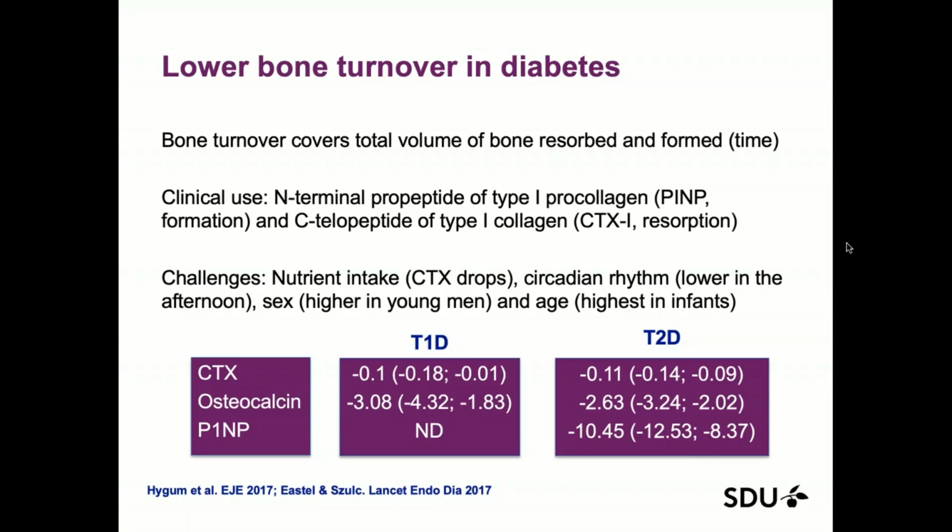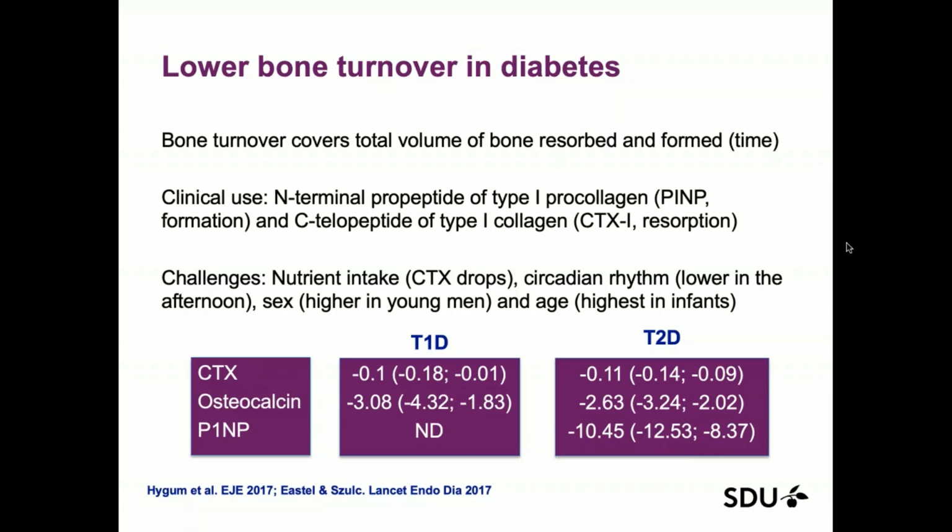In diabetics, there have been a lot of studies of the turnover markers, and these have been compiled in the study by Hygum in the European Journal of Endocrinology just a few years ago, where they show that CTX is decreased in both type 1 and type 2 diabetes, reflecting lower bone resorption.